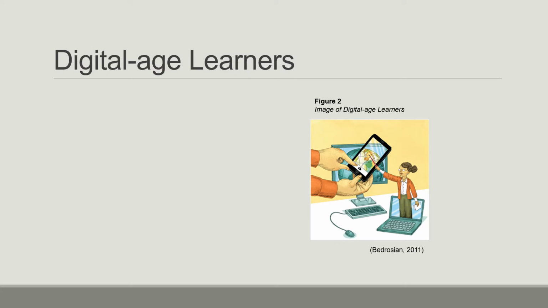Digital age learners are people born after 1980 who are socially connected beings that use the internet as their first source of information. Digital age learners have short attention spans and are bored easily.